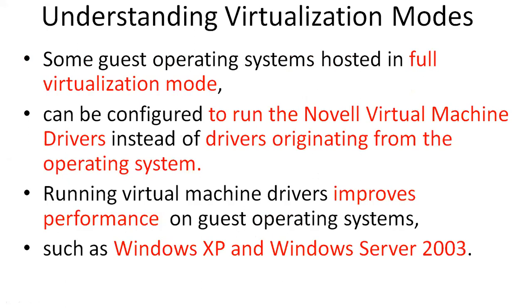A guest operating system hosted in full virtualization mode can be configured to run a novel virtual machine driver instead of drivers originating from the operating system. Driver in the sense, this is also software. Running virtual machine drivers improves the performance of a guest operating system, such as Windows XP, Windows Server 2003.